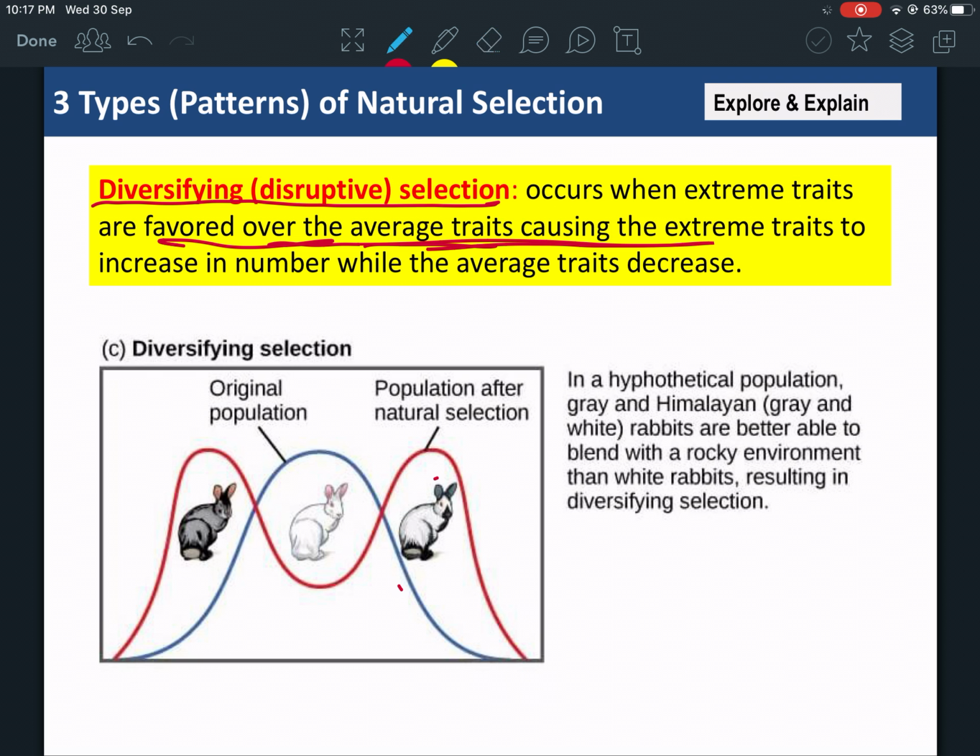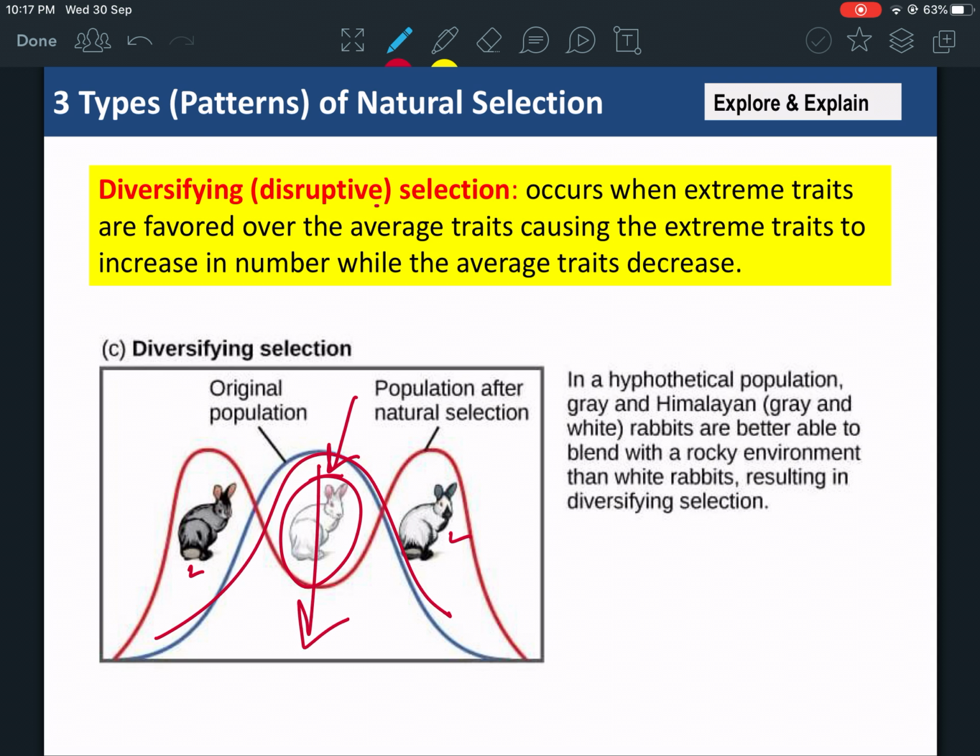In a hypothetical population, gray, Himalayan gray and white rabbits are better able to blend in a rocky environment. So this type of rabbit and this type of rabbit were able to blend in the environment that has rocks. The predators were not able to see them. They were able to blend and camouflage, but the predators were able to see the white rabbits, the average, and would eat them.